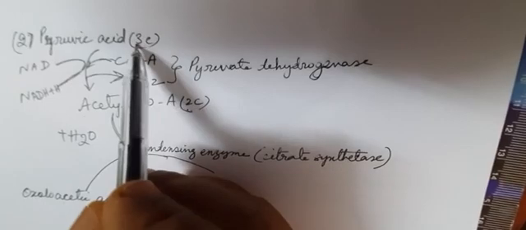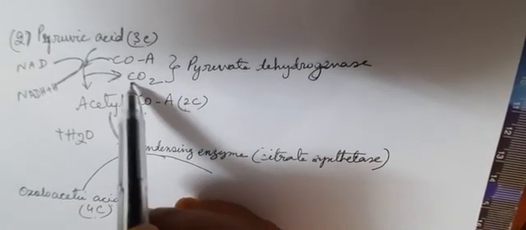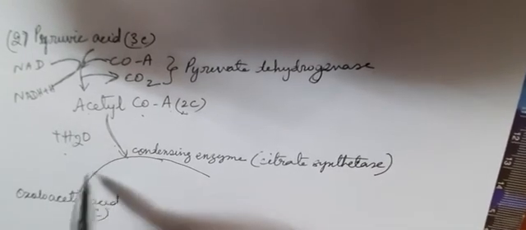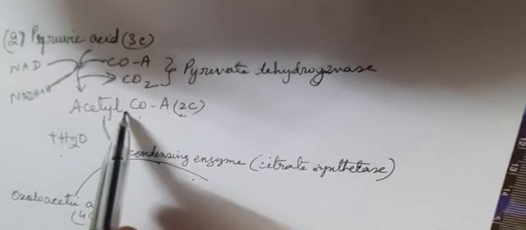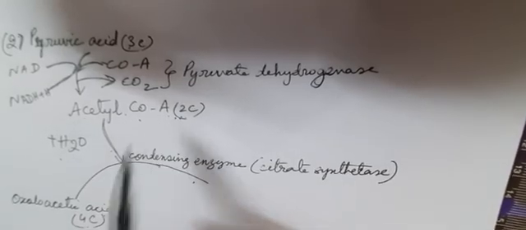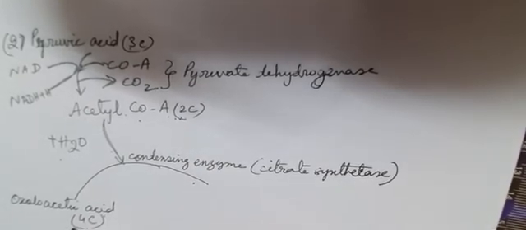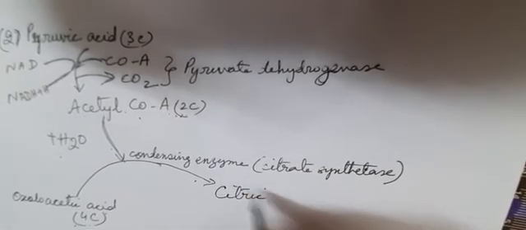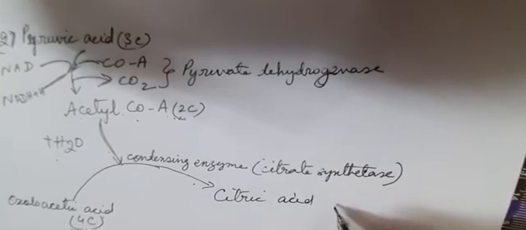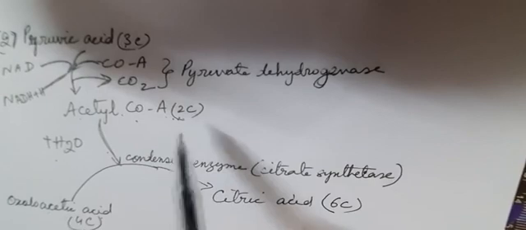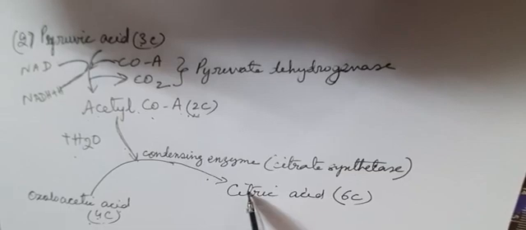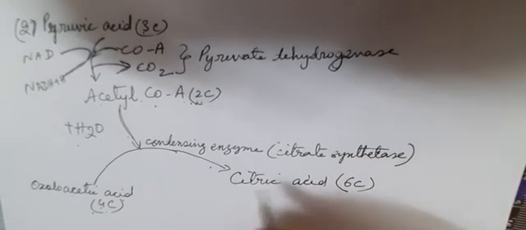So this was 3 carbon, 1 carbon is lost in the formation of carbon dioxide, so it will become a 2 carbon compound, and then in the presence of a water molecule it will combine with acetyl coenzyme A, the 2 carbon compound, with the 4 carbon compound, and it will become citric acid or citrate, which is the 6 carbon compound. So 2 carbon from here, 4 carbon from here, it will make the 6 carbon compound. Again we'll get 2 molecules here.